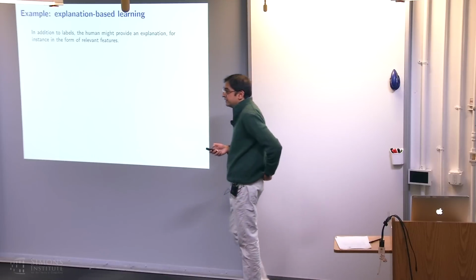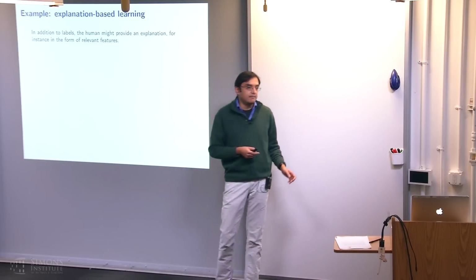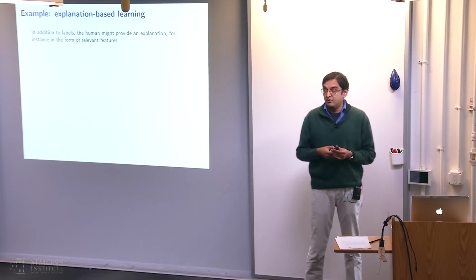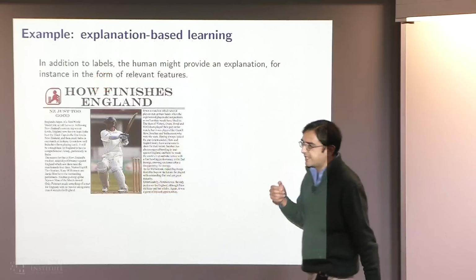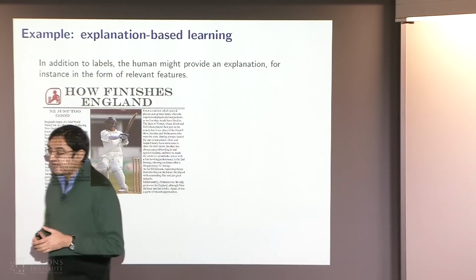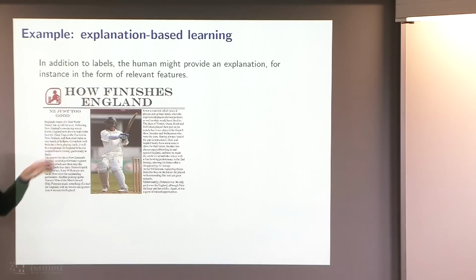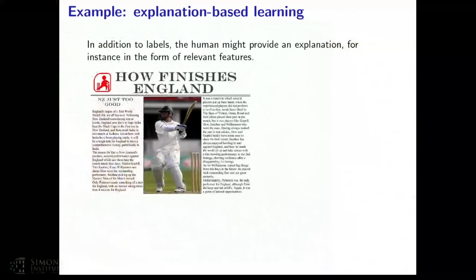Another kind of interaction, which has been studied much less in theory, almost none at all, would be called explanation-based learning. Here the human labels a data point, but also provides an explanation for it, often in the form of features. Let me give you an example. Let's say the human is given a document to label. After quickly skimming it, the human says, this is obviously a sports document.